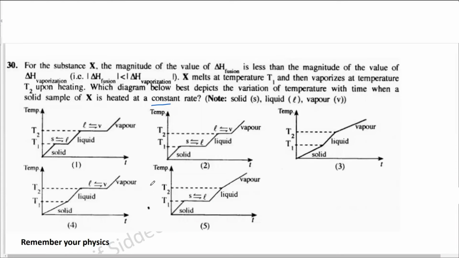Based on the answers given, there should be two phase changes, from solid to liquid and liquid to vapor. So these are not our considerations. We are only dealing with these two. And since the vaporization has larger enthalpy, it should have H equals mL.